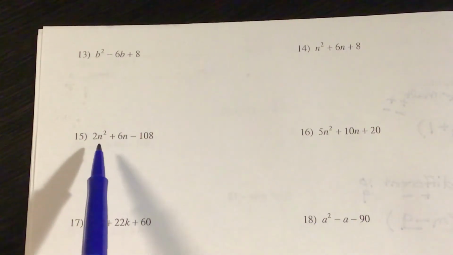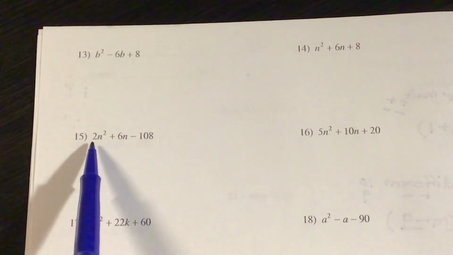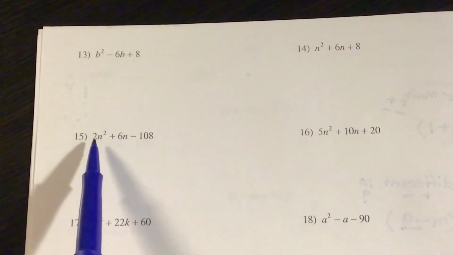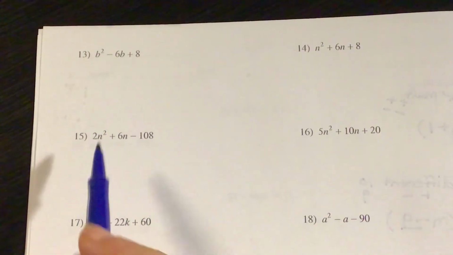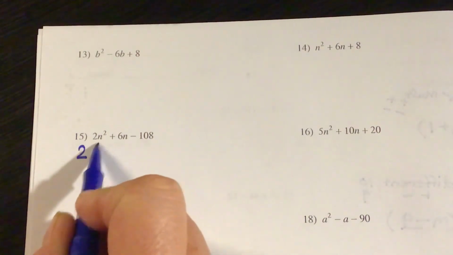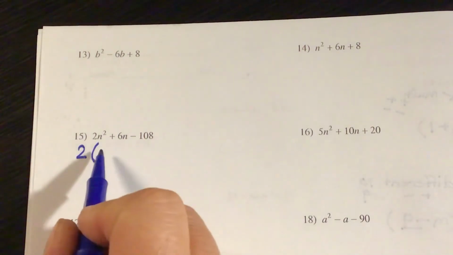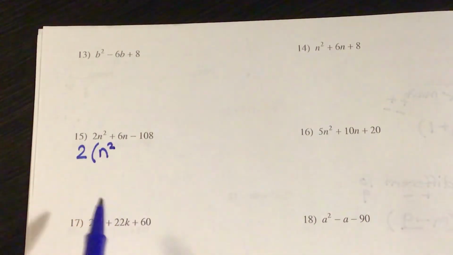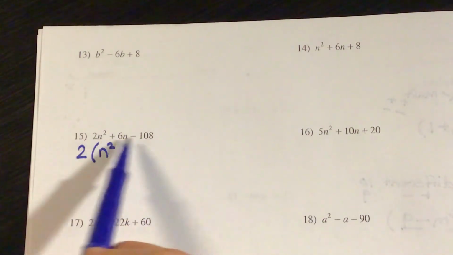So in this case, the first thing I want to do is see, can I factor out that number, or is this number a factor of all 3 parts? If it is, you're going to take it out, and then you're going to multiply by what you would have, by the trinomial you would have to get this top term.